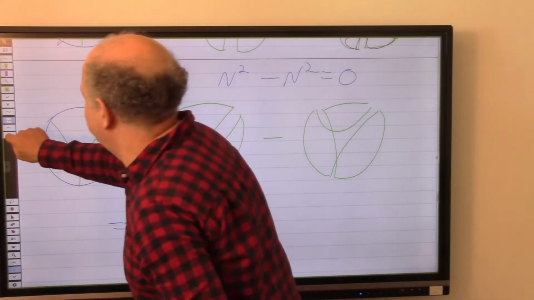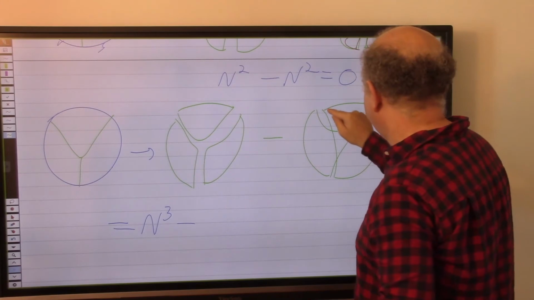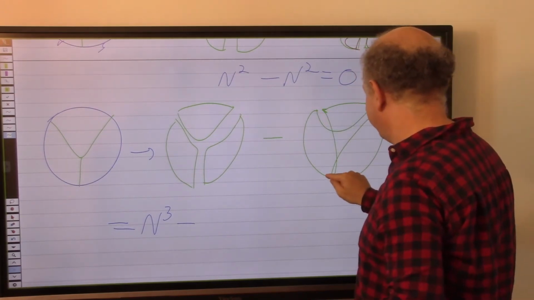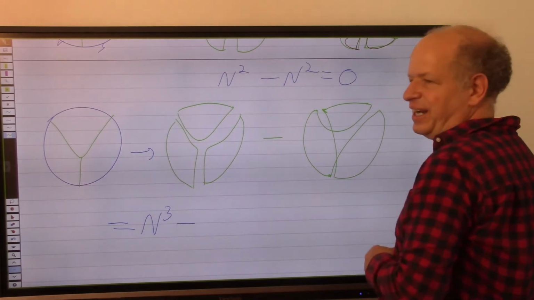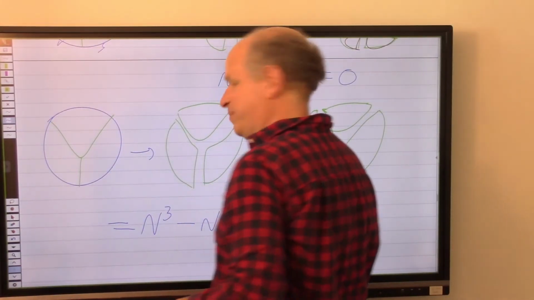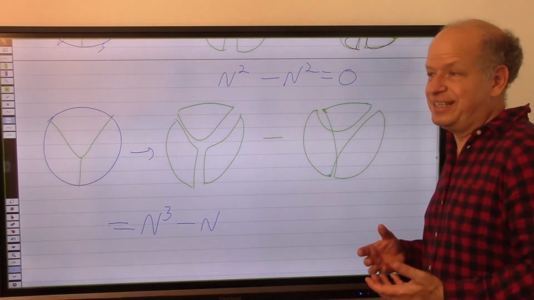Sorry, I wasn't careful enough to actually close the thing, so it's not obvious; now it's more obvious that it's one cycle. This is just one cycle. So you get n cubed minus n. So in fact, at the end of the day, the computation is fast and easy.